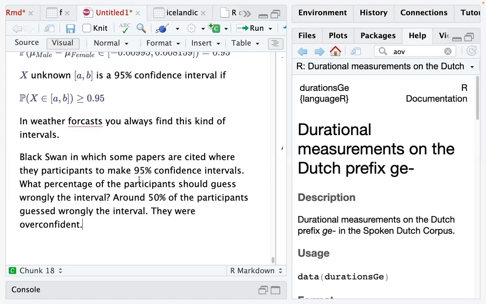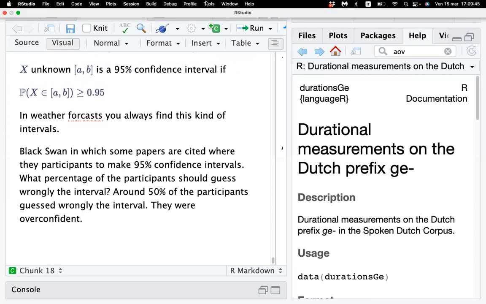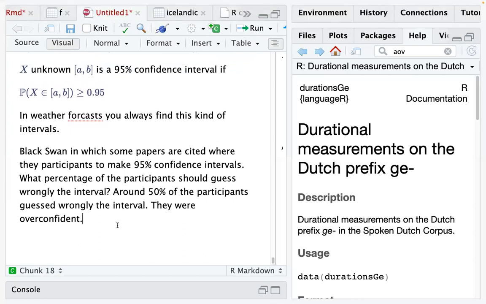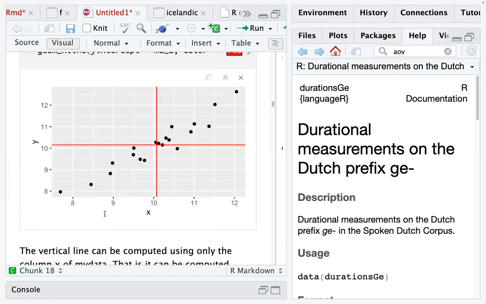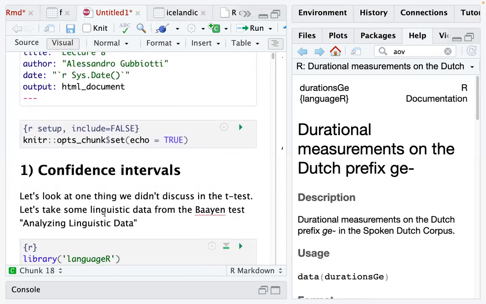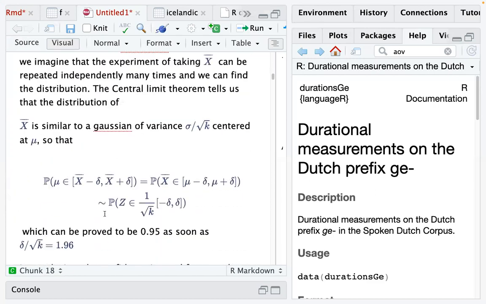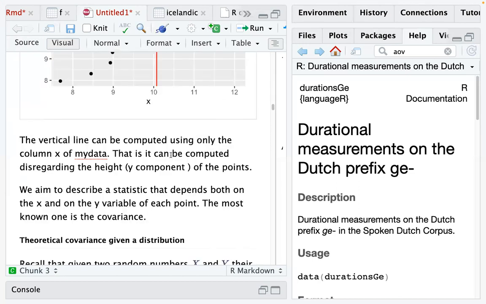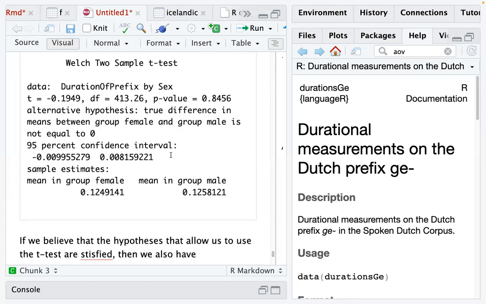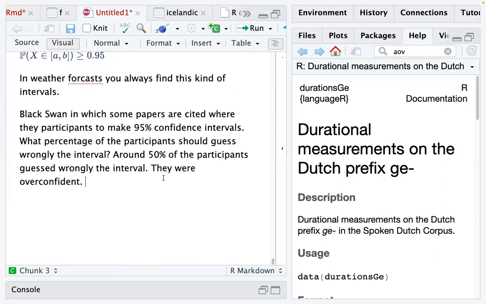So do you have questions? Let me finish with these confidence intervals first, with a link in which you can visualize these confidence intervals for artificially generated data, of course, so in an easy context.